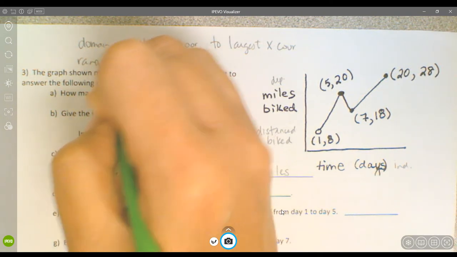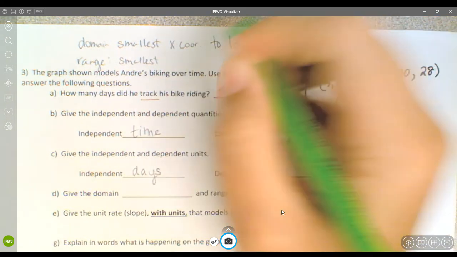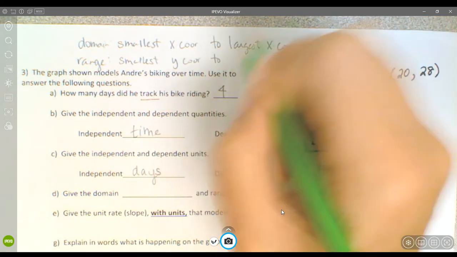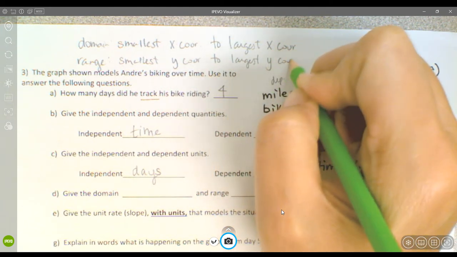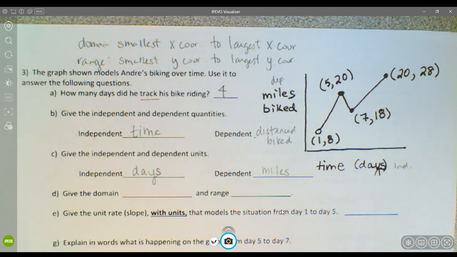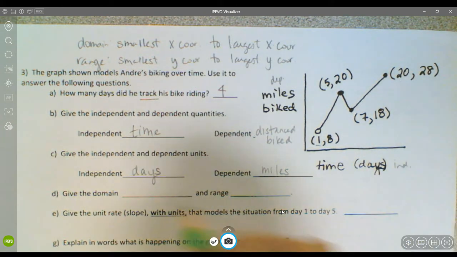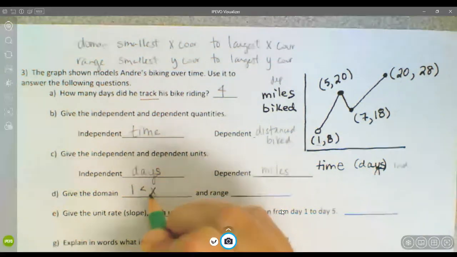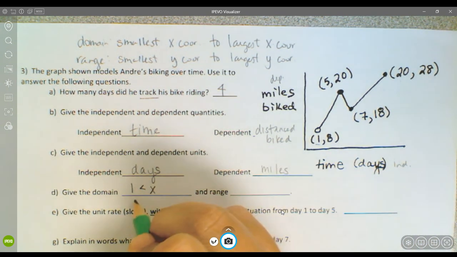Likewise, my range, remember, that's why I've always wanted you to write these in increasing order, because you always start with your smallest and you work your way to your largest. So that's what we're going to do here. For my domain, I go from 1 all the way out to 20. Now notice here, we are less than x, not less than or equal to, because of this open circle.